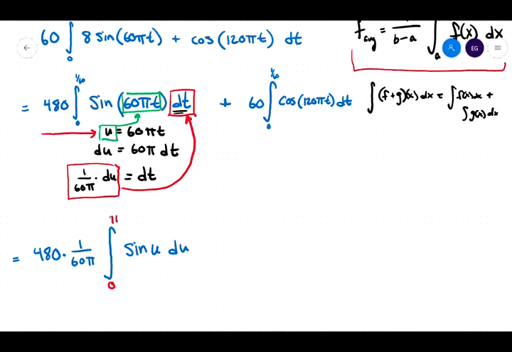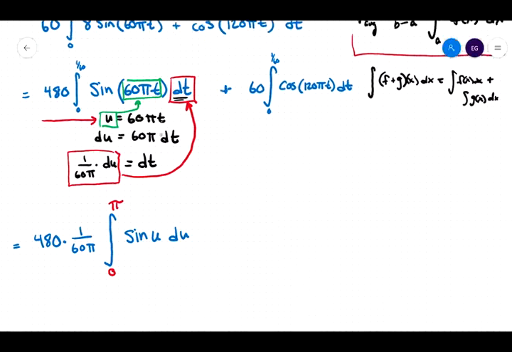So that will give us an upper limit of pi. Changing our limits of integration means we don't have to back substitute and go back to t. Once you do a u substitution, if you change your limits, stick with u for the rest of the way.